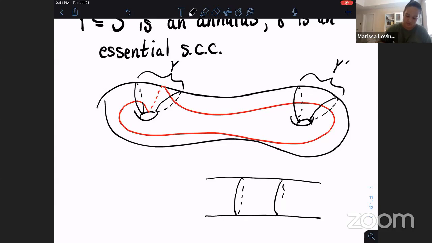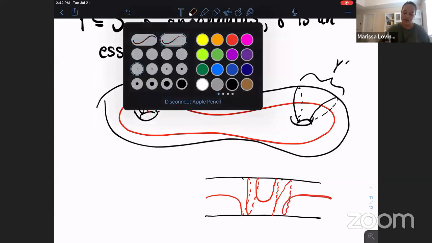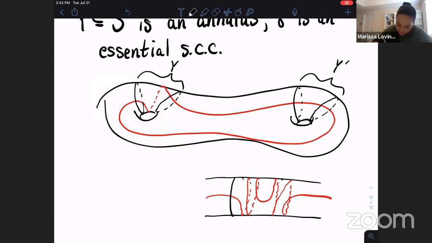So for example, we have our curve coming through here, but what if I did something silly to it? What if I took it and I just pulled it around? Okay, so now if I draw Y prime again, right here, here's my Y prime.